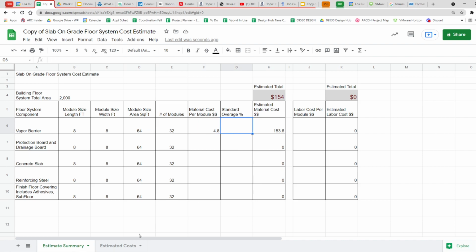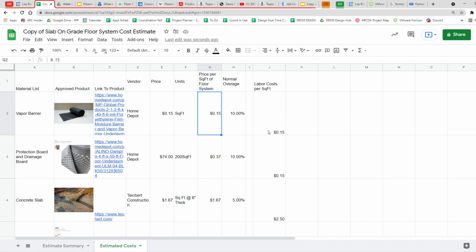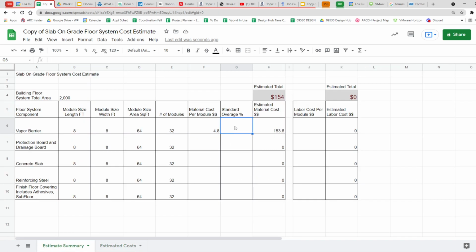And my overage here says it should be 10%. I should buy 10% more. 0.1 is 10%. And I can click on this and change it to a dollar sign. So each module costs me $4.80. With 10% overage, I'm going to spend about $168 in vapor barrier.